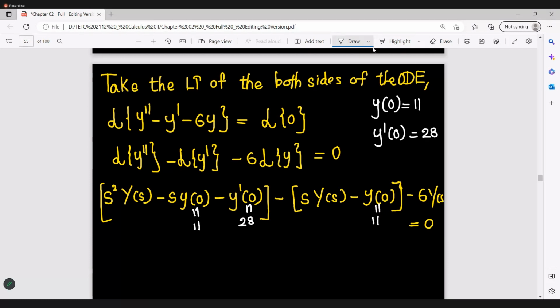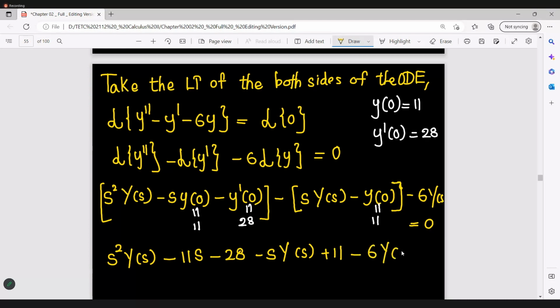So by combining all those results together, we can write s squared capital Y of s minus 11s minus 28, with a minus times this thing. So minus s Y of s, minus times minus, plus 11, minus 6 capital Y of s is equal to 0. So then we can take all the Y terms together.